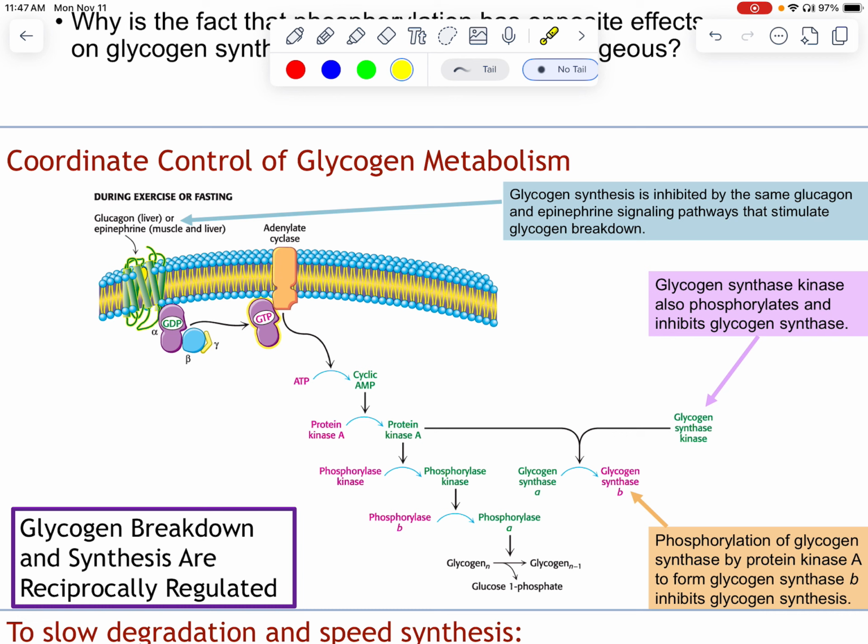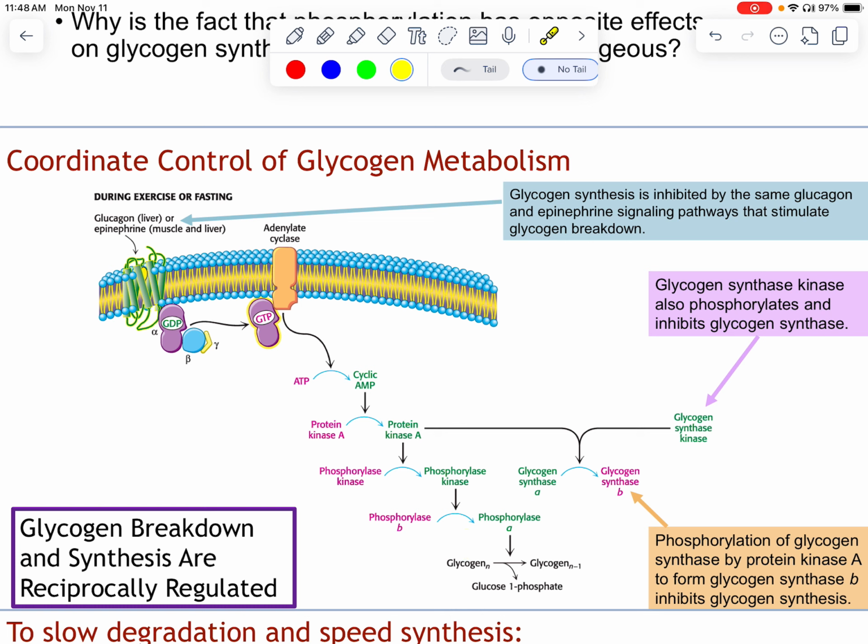It activates that adenylate cyclase, which makes the cyclic AMP, which activates the protein kinase. Now, when we look at that, that can phosphorylate the phosphorylase kinase, which phosphorylates the phosphorylase, which aided in breakdown. So when this all happens, it's helping us break down glycogen.